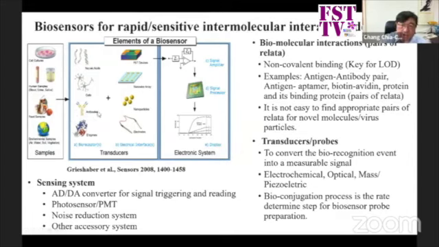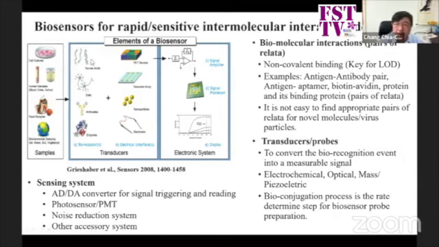The most common one is, if it's possible, people can use an antibody to recognize those viral particles or bacteria specifically, but this may take time.